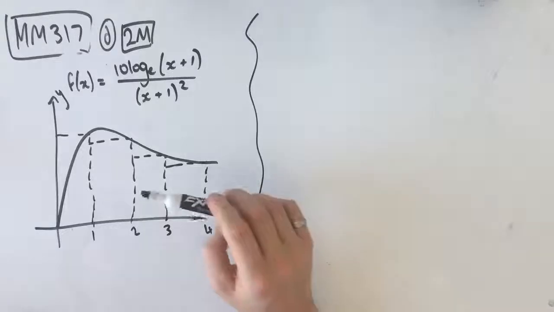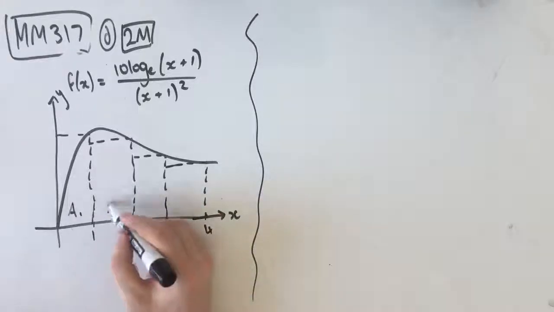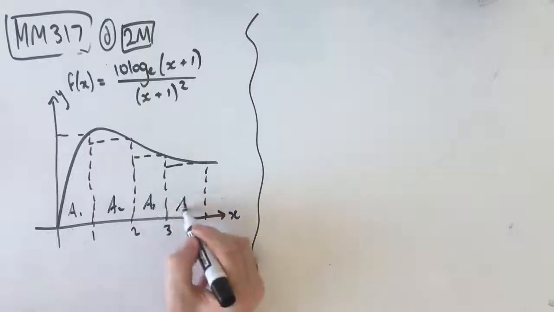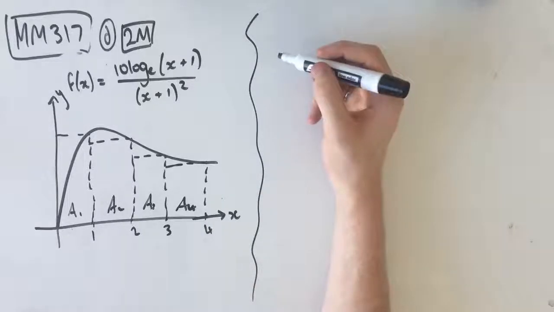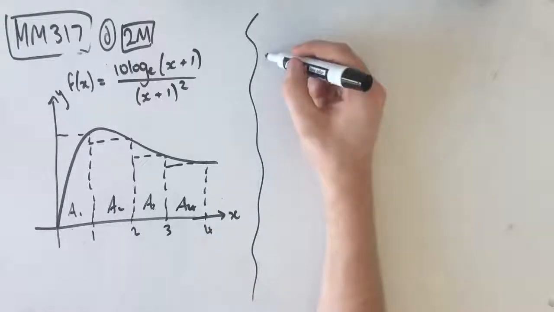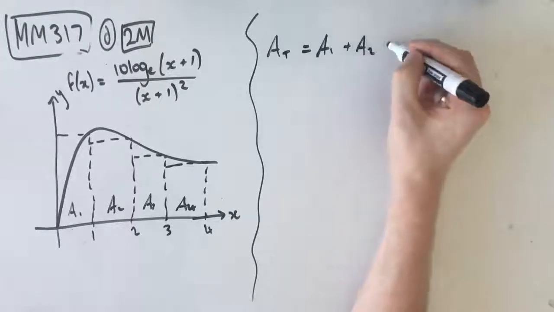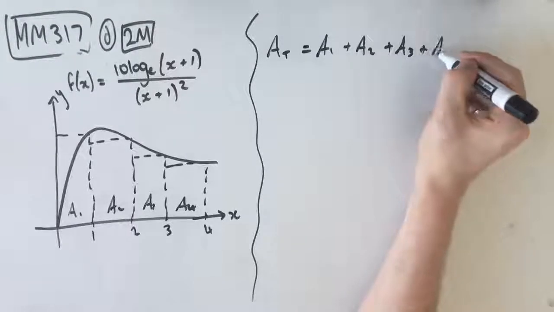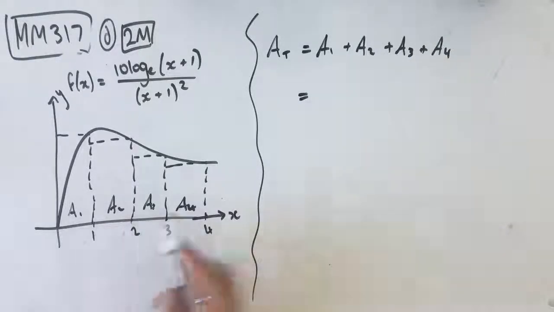Sweet. So we're going to need to find the area of each of these rectangles. Let's call them A1, A2, A3, and A4. As always with these sort of approximation questions, the total approximate area is A1 plus A2 plus A3 plus A4. Now, we know that the rectangles are of width 1 meter.